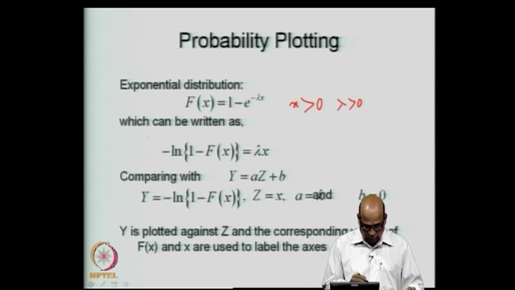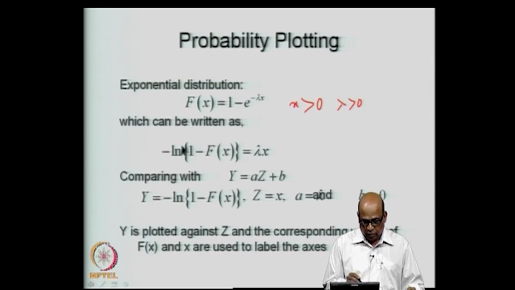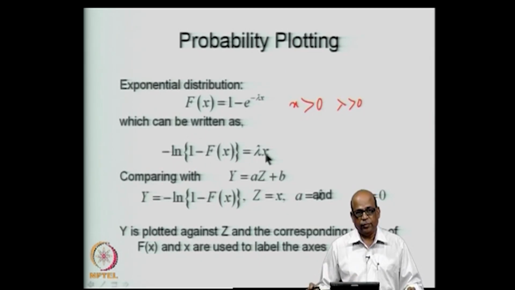Now, I will take lambda x to the right hand side and write this as minus ln of 1 minus F of x equals lambda x. What is it that I want?